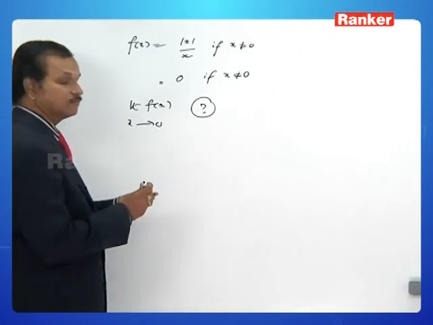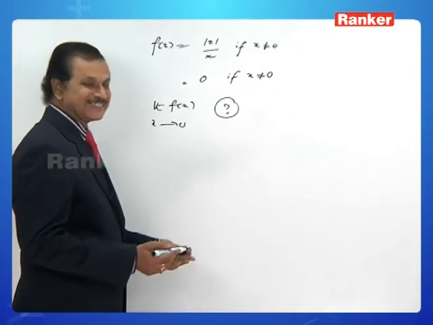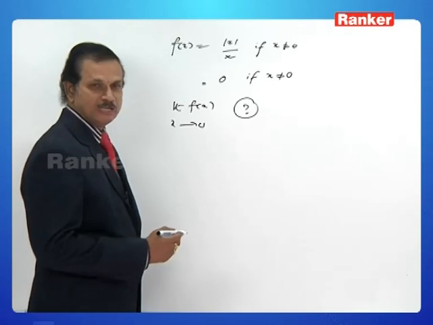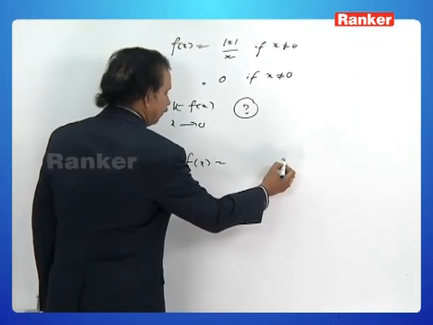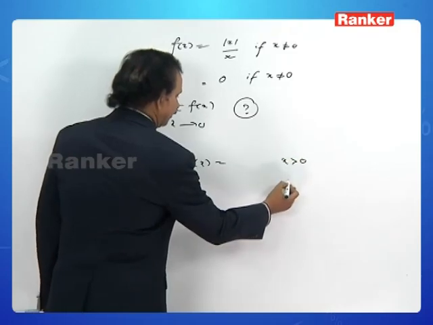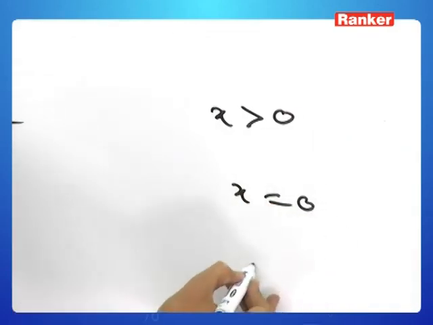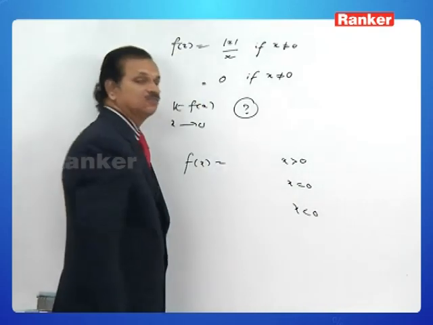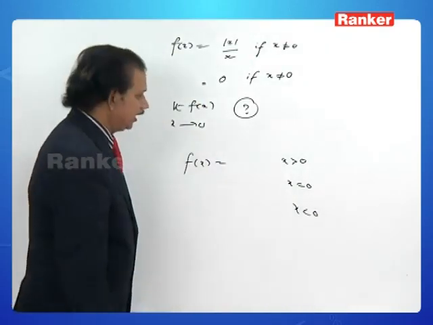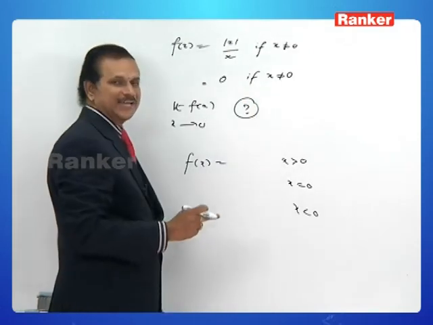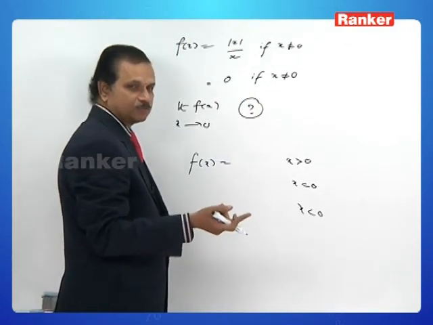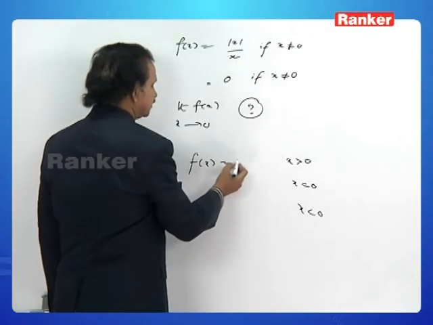Let us first understand the nature of the function f of x. f of x is equal to what happens when x is greater than 0, what happens when x is equal to 0, what happens when x is less than 0. Now you tell me, if x is greater than 0, everybody knows that mod x is x, that is, x greater than 0 implies mod x is x. Therefore x by x is 1.